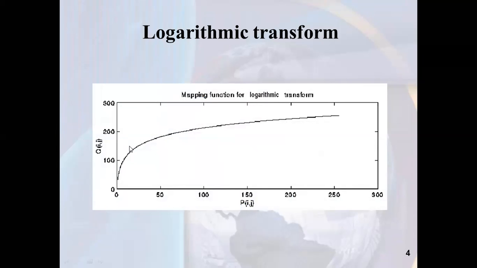As you see, this is the logarithmic function. We see here from 0 till 100, we obtain 200 because it's nearly linear in the first part. And all the values from 100 to 255 are represented between 200 and 255. So what does that mean?